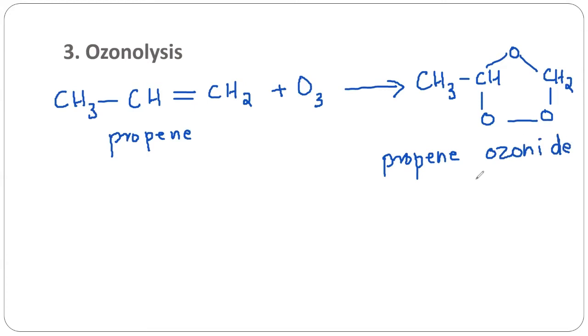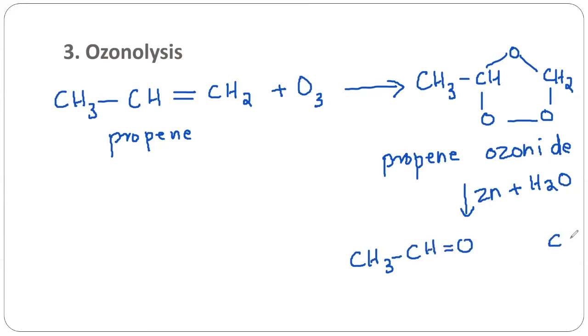This is an intermediate. Now, the ozonide is treated with zinc and water. So all the oxygen carbon bonds will break and reform, and you end up with two different compounds, CH3CH double bond O, and on the other side, CH2 double bond O. So CH3CHO is ethanal.